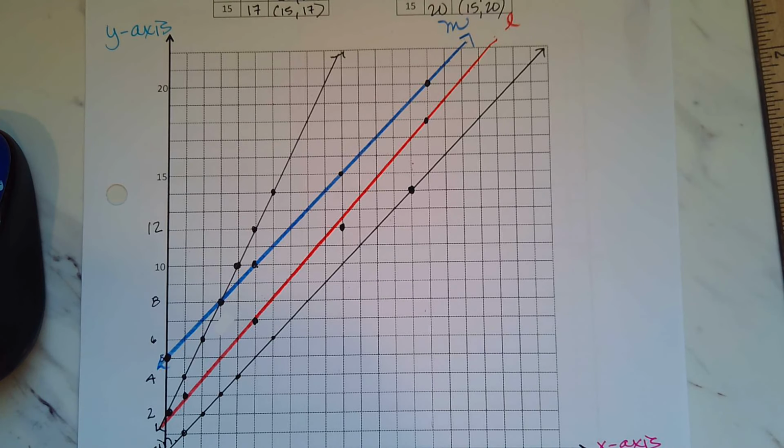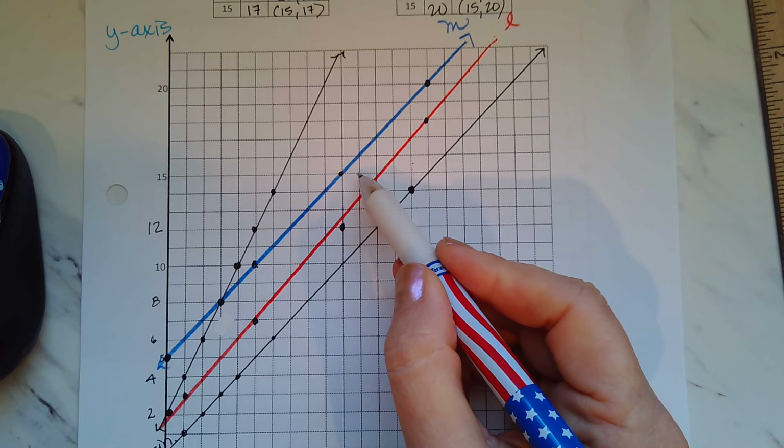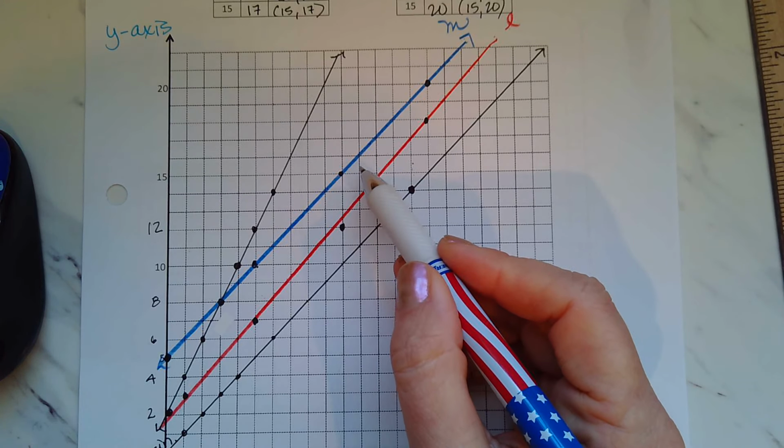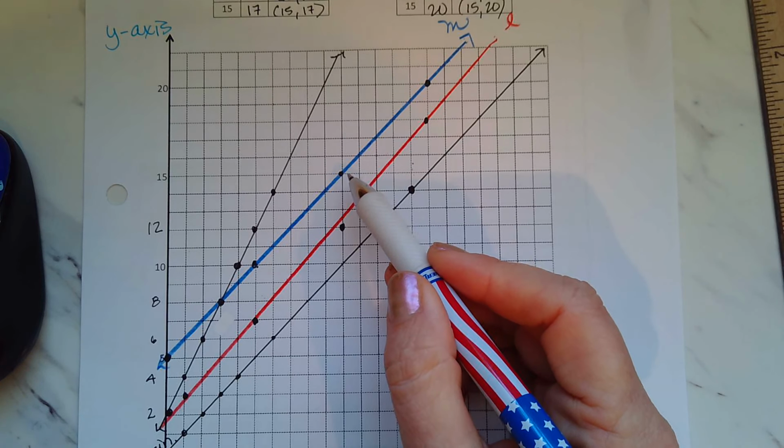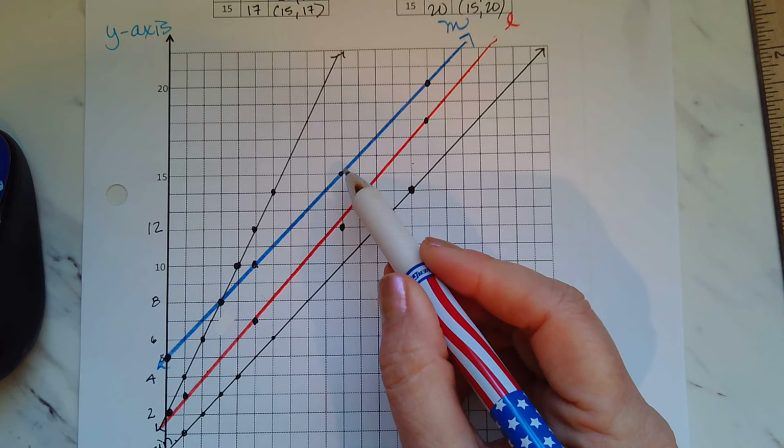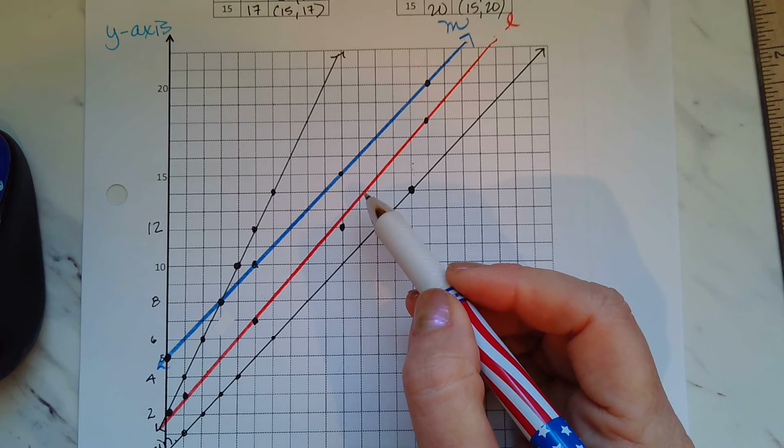So when you say the line M is farther up than line L, farther up from what? Well, it looks like we can take line L and shift it up a bit to get the other one, right? Each point is a little higher than the points on line L.